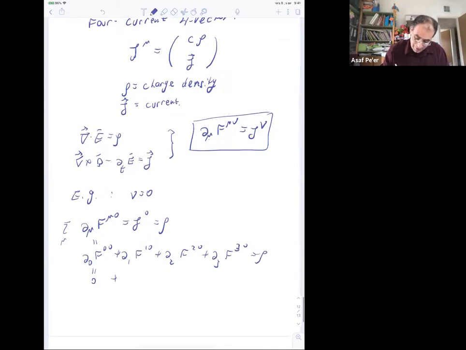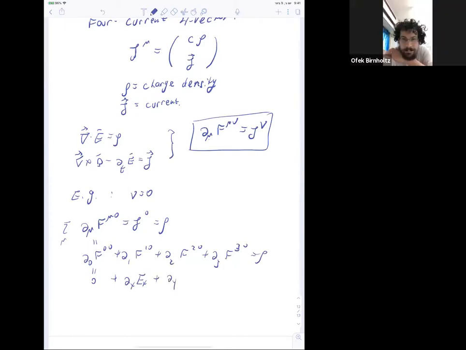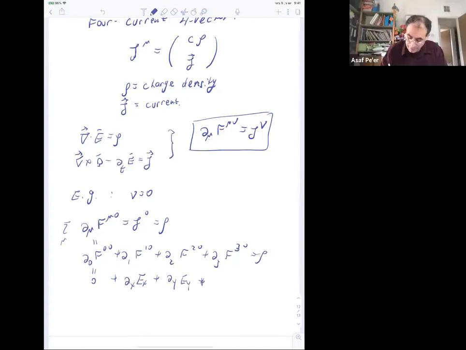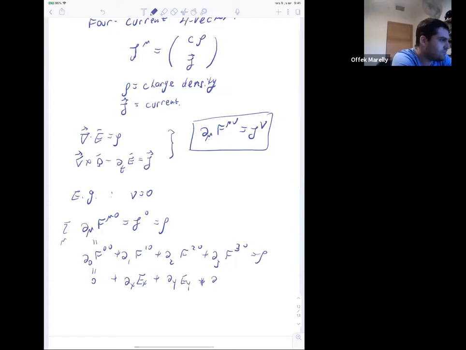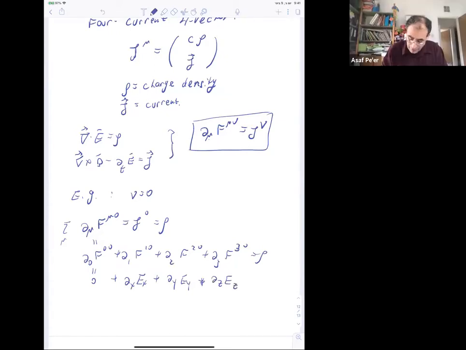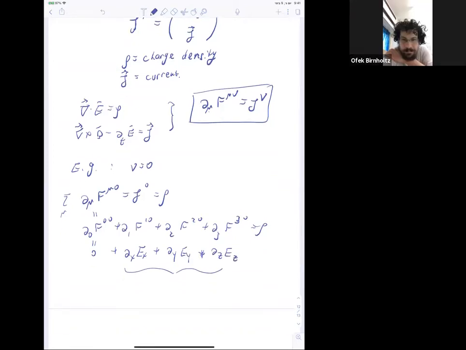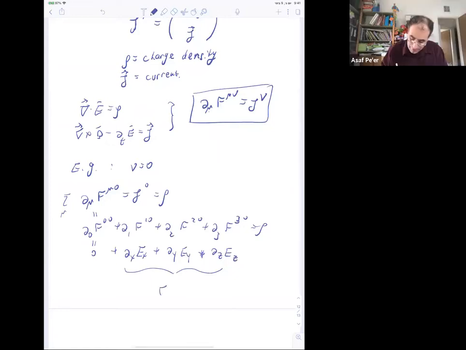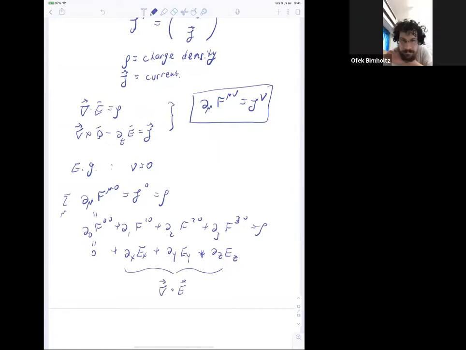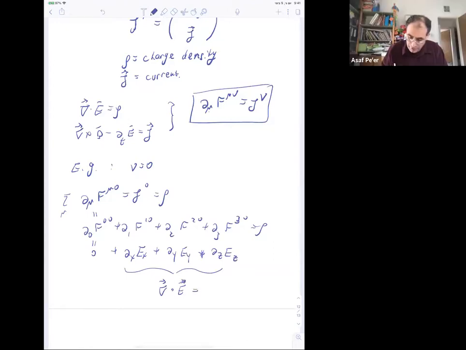So this is just ∂_x E_x. The second term is ∂_y E_y, the third term ∂_z E_z. If you combine all three together, what do you get? Divergence. So ∇·E, the divergence of E, which is just ρ.